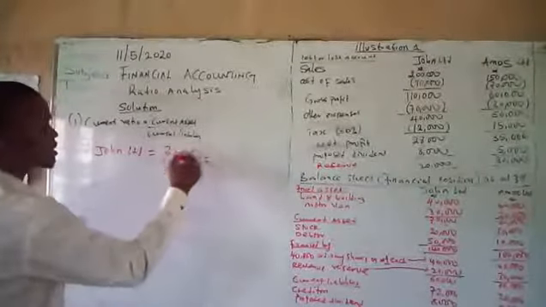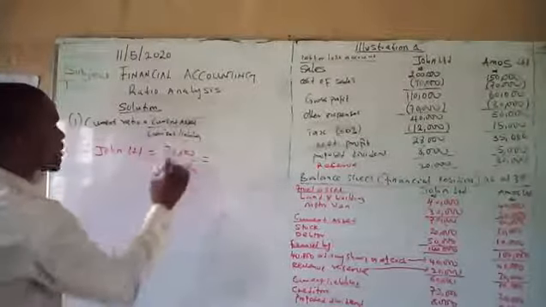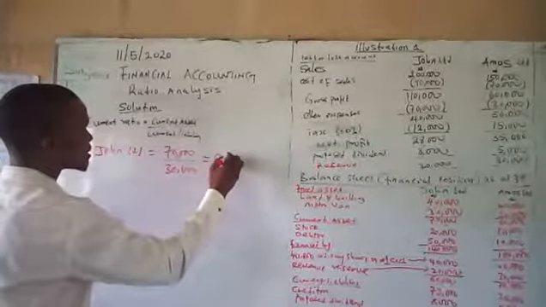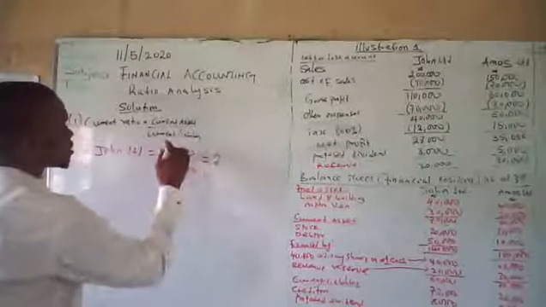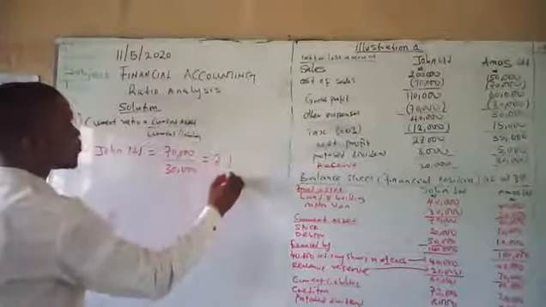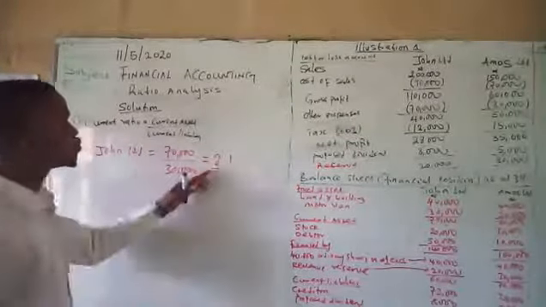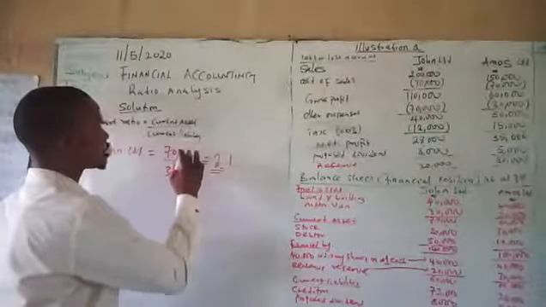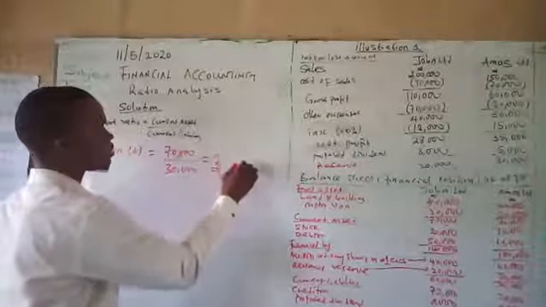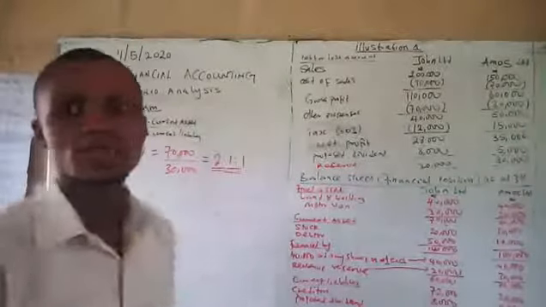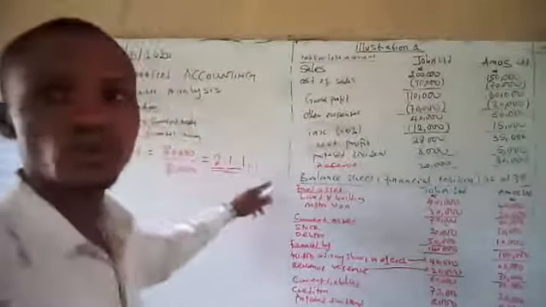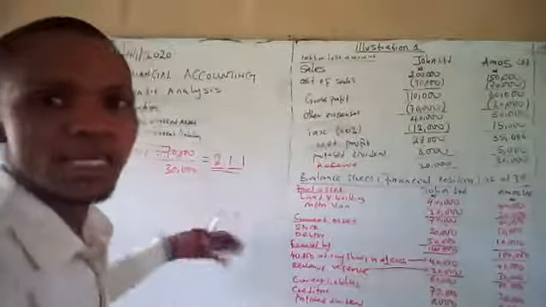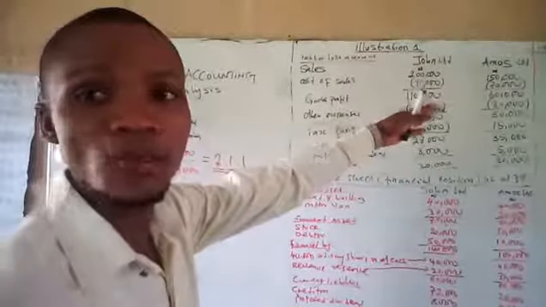Dividing this, we have 2.1:1. So the ratio for John is 2:1.